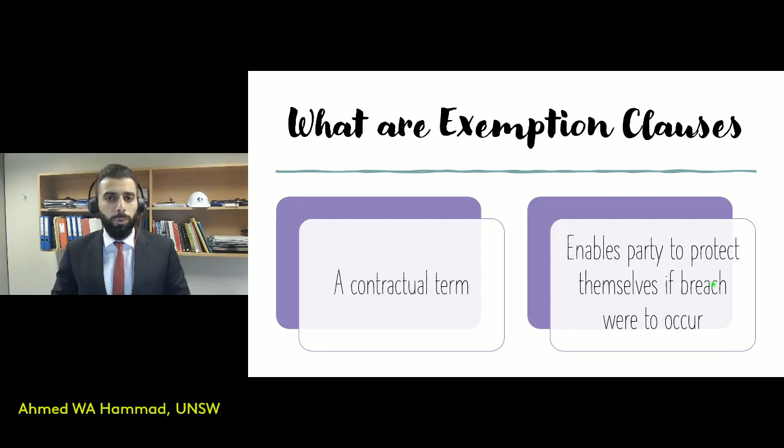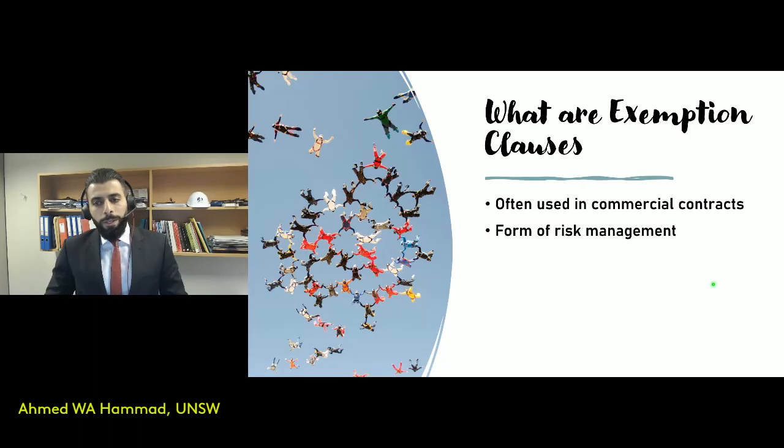So, for example, if I'm about to enter into a contract with someone else to construct their house, I can have an exemption clause to protect me from certain liabilities that I would incur. So I'd specify as a term that I won't be responsible for a certain damage if it were to occur. And that's an example of an exemption clause.